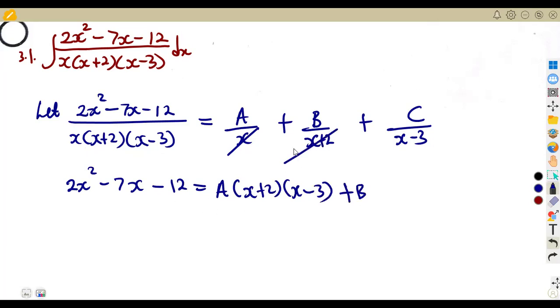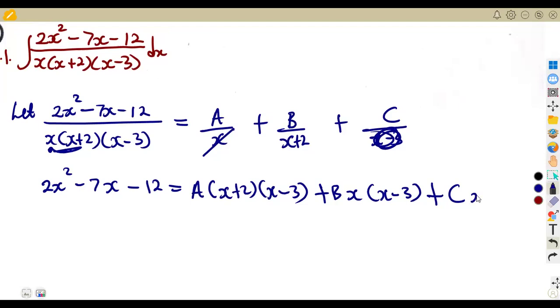Plus B: x plus 2 cancels, and you remain with x and x minus 3, so this is Bx into the bracket of x minus 3. Plus C: x minus 3 cancels, so you remain with x into x plus 2.